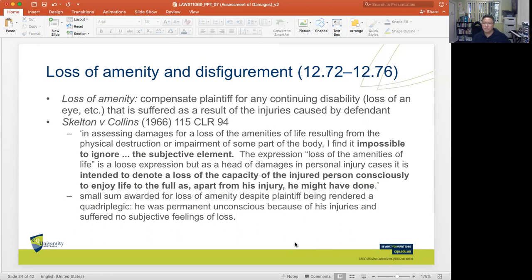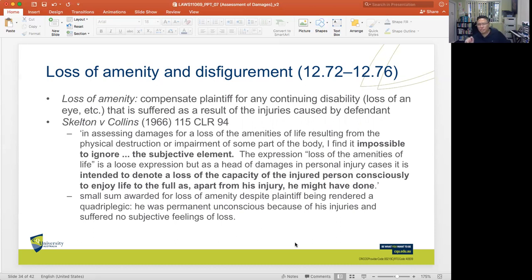How do you compute for the subjective element, or do you compute even for the subjective element for the purpose of assessing the proper amount of damages in relation to loss of amenity? And the High Court said that in assessing damages for a loss of the amenities of life resulting from the physical destruction or impairment of some part of the body, I find it impossible to ignore the subjective element. So the subjective element is important, certainly for computing loss of amenity.